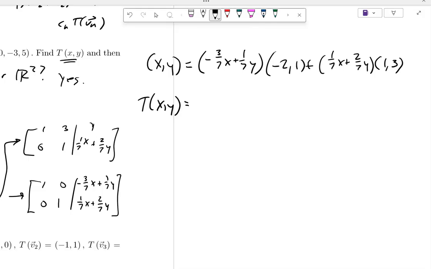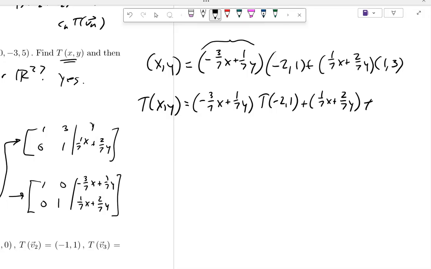So how can I rewrite the transformation of xy to start with? Remember, these are just constants, these are scalars. So I can bring them out, and then it'll be the transformation applied to the vector T of negative 2, 1, and bring out the scalar and apply the transformation to 1, 3.